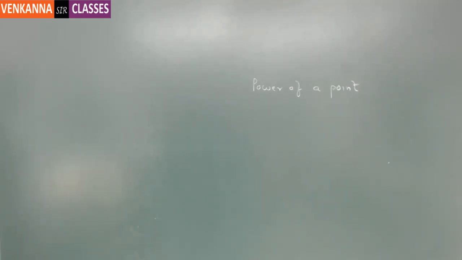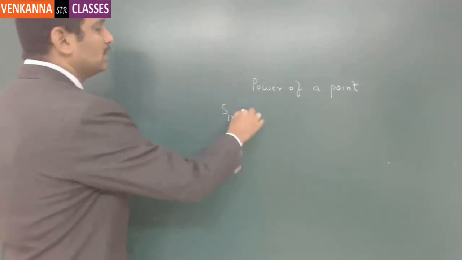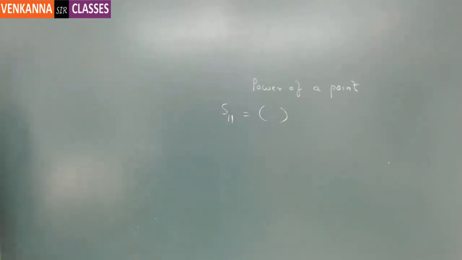How do we calculate? Simply we substitute the point in the sphere. It is nothing but S11, you will get a number. If the point is outside, it is positive. Inside, negative. 0 if the point is on the sphere. Accepted?